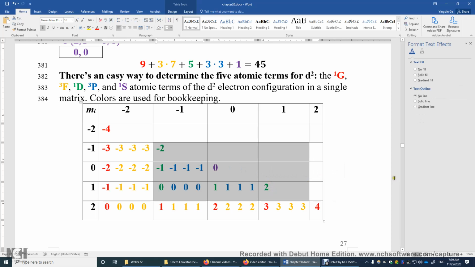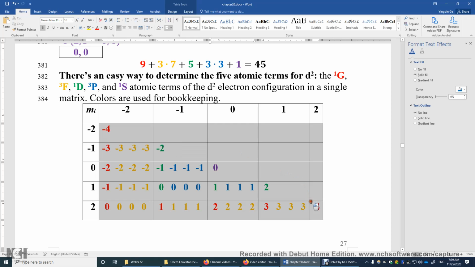And over here, you're looking at a 3-by-3 table for the p2 electron configuration. So if you have a p2 electron configuration, the atomic term symbols are 1D in green, 3P in red, and 1S in purple. And now you have this 5-by-5 table for the d2 electron configuration.